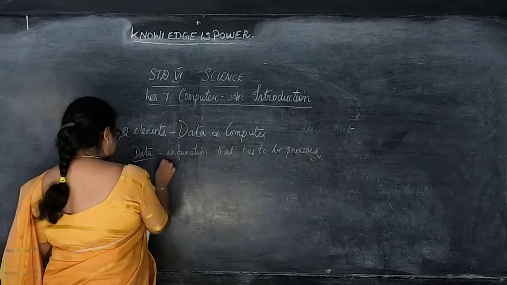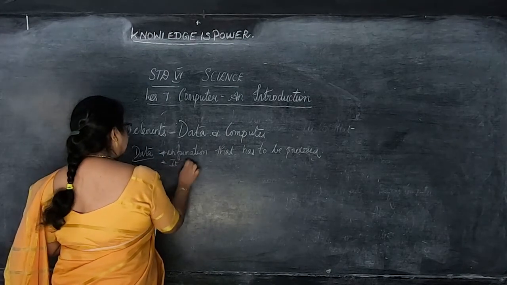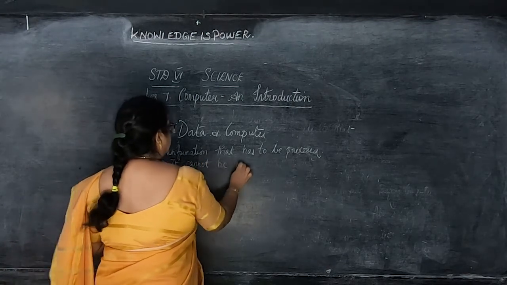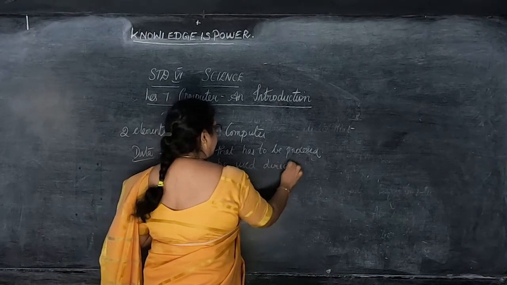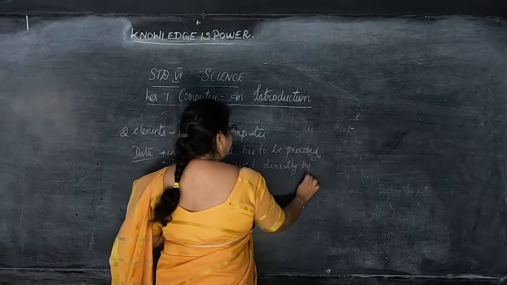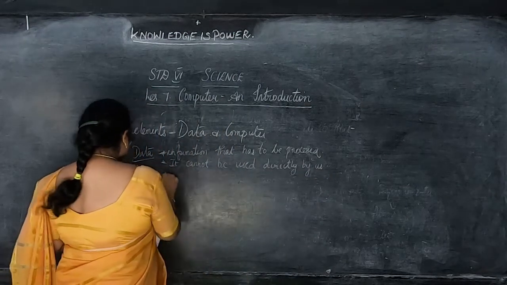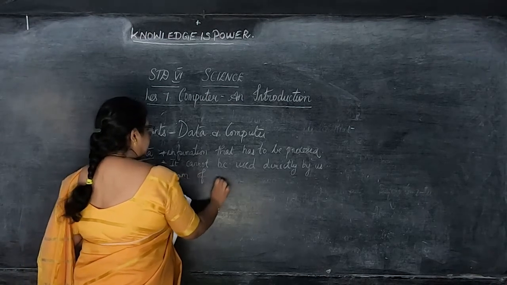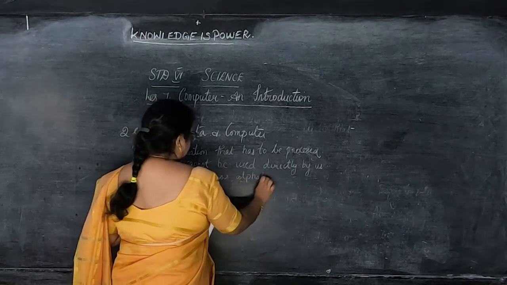That is the first point. Then, it cannot be used directly by us. Then, it is in the form of numbers, alphabets, and images.